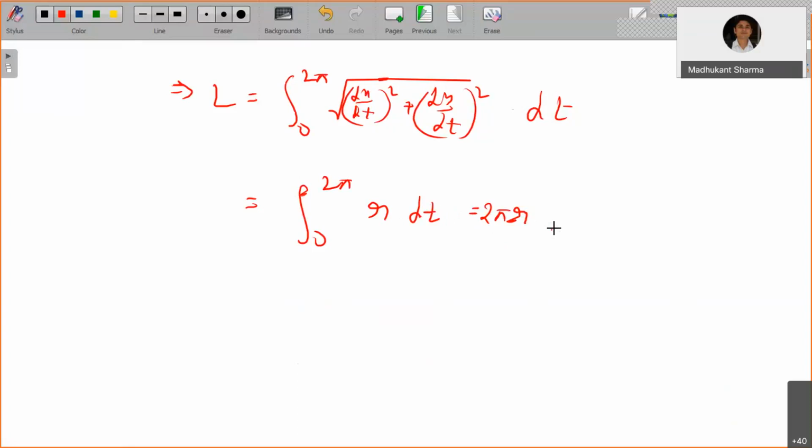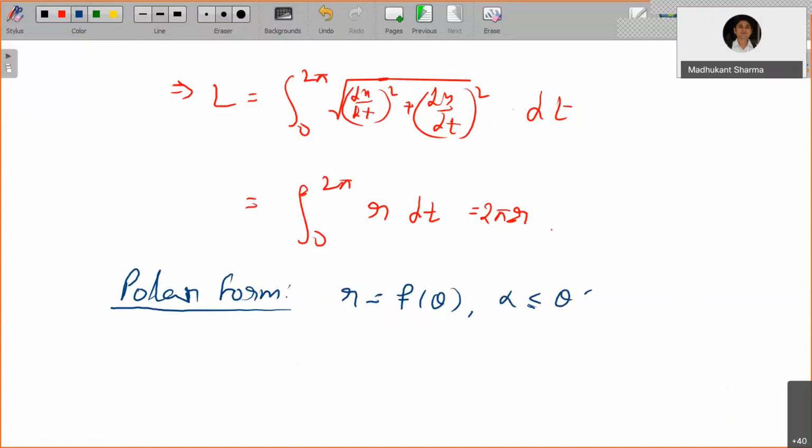Now, this also covers the polar form. If I want to mention it specifically, in polar form r is a function of theta, and the theta limit is alpha less than or equal to theta less than or equal to beta.